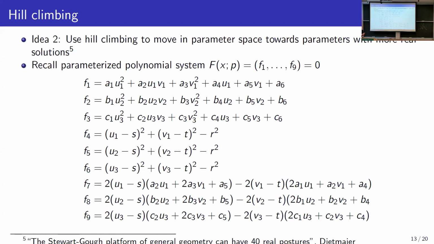And so recall, this is our parameterized polynomial system that we're talking about. So the idea here is that I would start with some instances of my A's, B's, and C's, and then I have my certain solutions, and then I want to move around in the 18-dimensional space of the A's, B's, and C's to hopefully find instances with more real solutions.